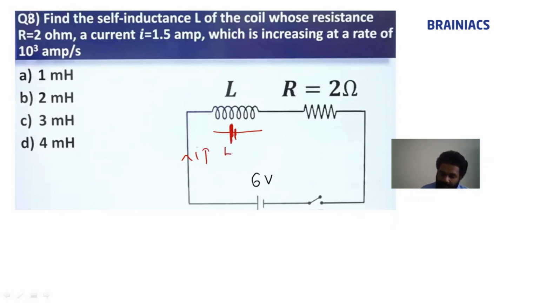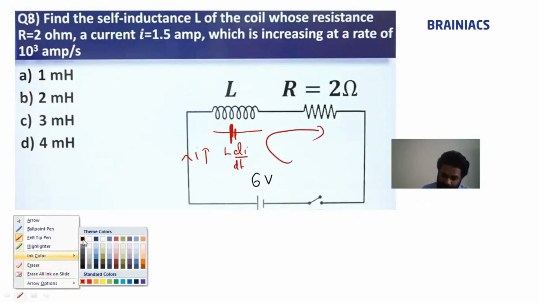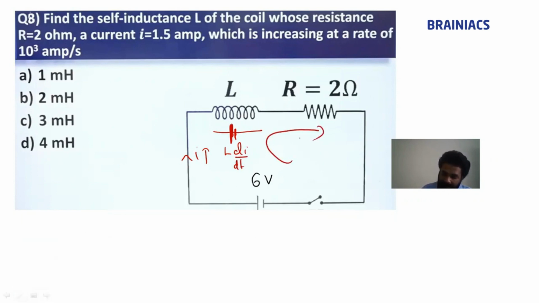This is going to be L di by dt in the opposite direction. So if we put KVL in this direction, we can write, this is plus, this is minus. So 6 minus L di by dt. What is the value of L, which we need to find out? L, what is di by dt?